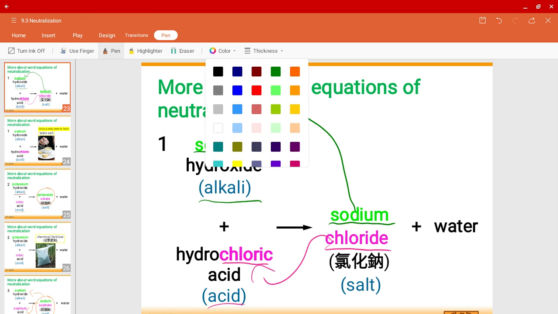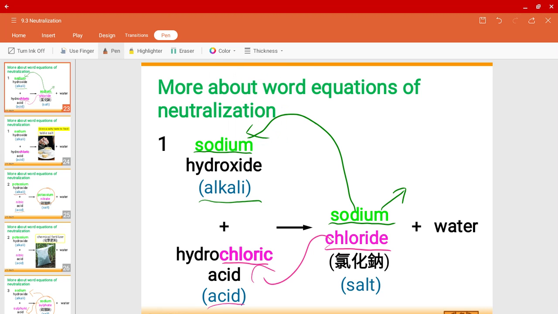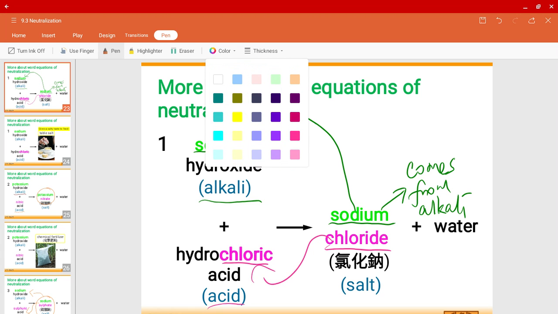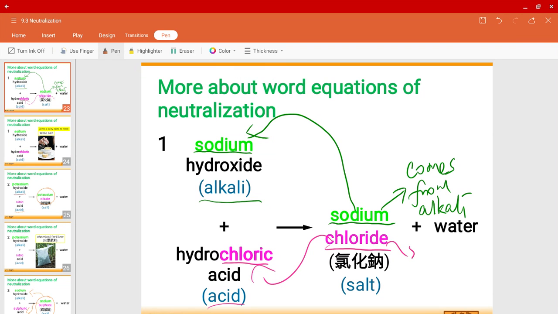So what do I mean? The first name comes from the alkali, whereas the second name comes from the acid.